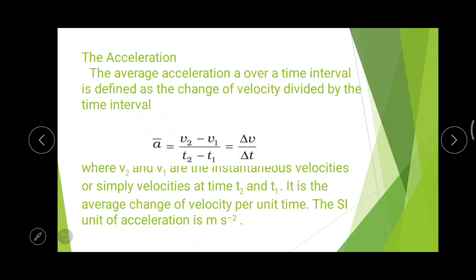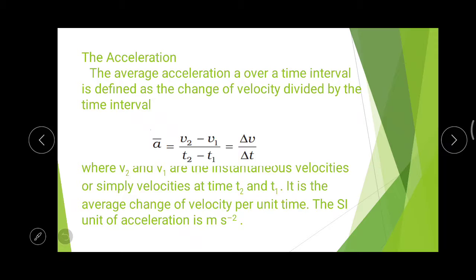And if you are considering the entire movement, the entire path length moved, as well as the time duration for that movement, and you take the ratio of these two values, you will obtain the average velocity. That is the path length covered, x2 minus x1, divided by the time duration, t2 minus t1, or the displacement divided by the time taken for that displacement.